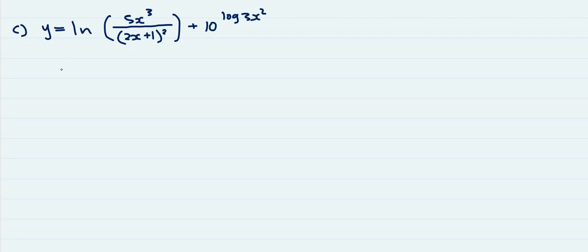So we simplify according to the laws of logs: if it is division, we use minus. So ln of 5x cubed minus ln of 2x plus 1 all squared.